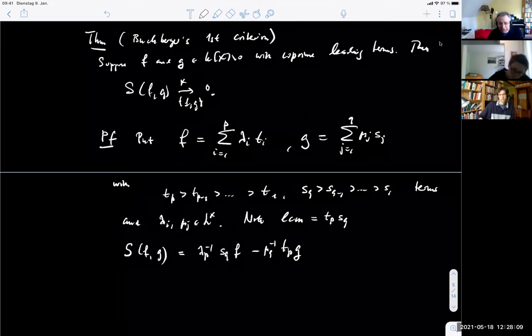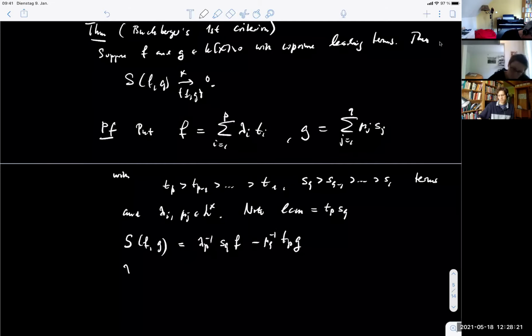You check directly that this expression cancels the leading term. Now what is special about this? Let's write it again, maybe multiply with these coefficients. They are a bit of a nuisance. Actually, one can assume that the leading coefficients are all 1 to save work, but it's not important. Let me write down explicitly what we have.